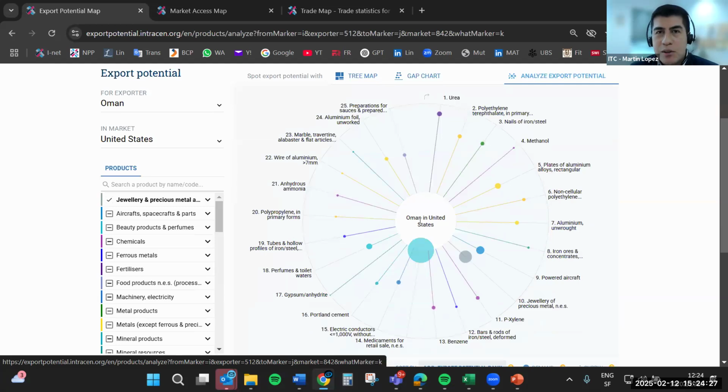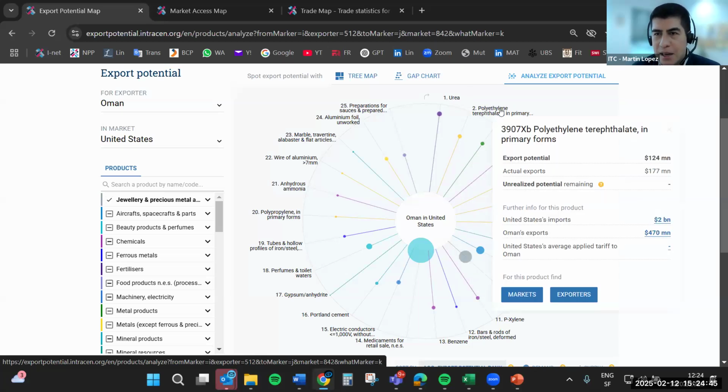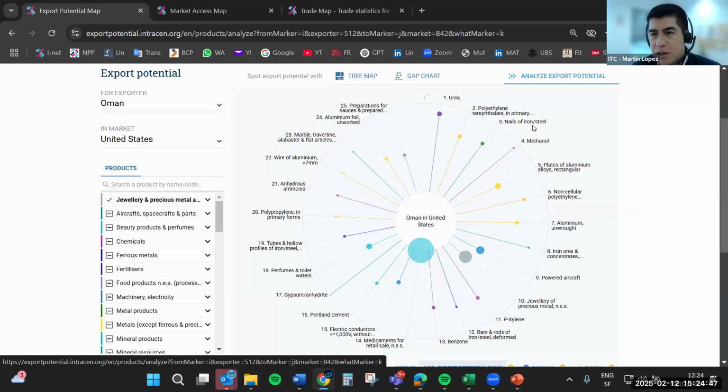Now products are organized clockwise, from the product that has the most export potential, and we have these 25 suggestions of products with export potential to the US. We have this in the form of a ranking, starting with urea, second polyethylene, third nails of iron, fourth methanol, and so on.